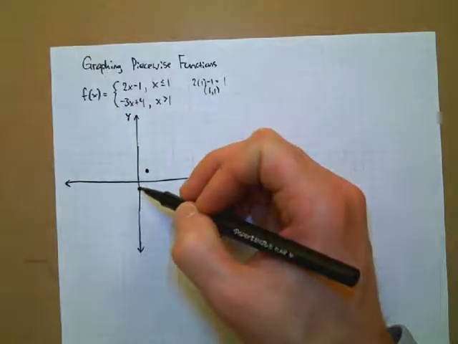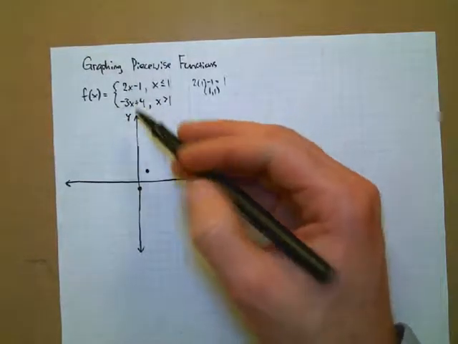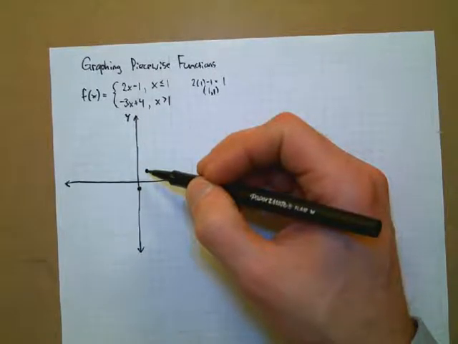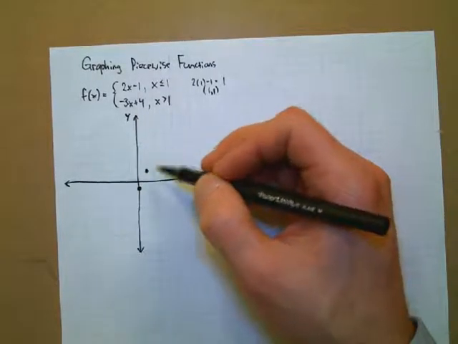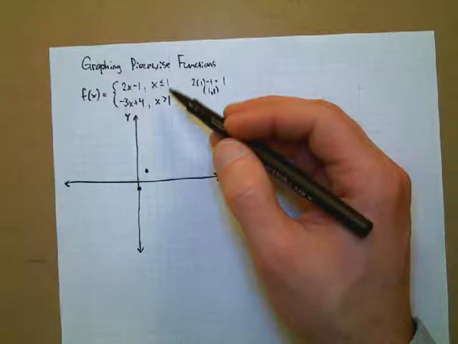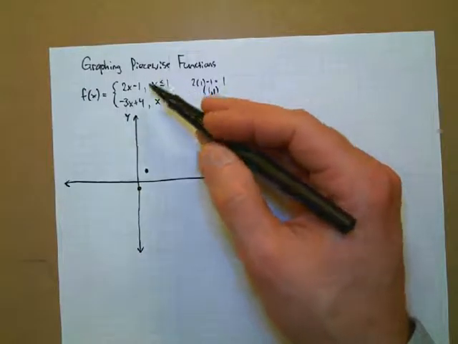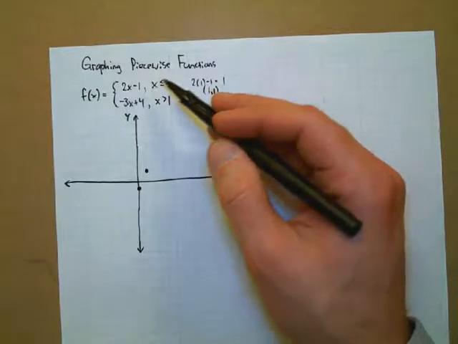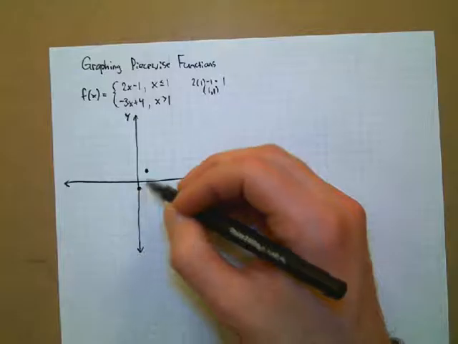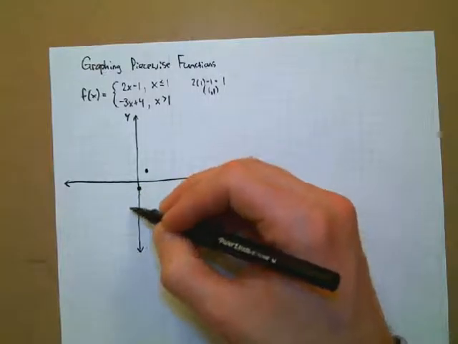And then we can just connect the dots there and make our line. Again, only drawing to the left because we're only interested in this piece of our function for x values that are less than or equal to 1. Okay?